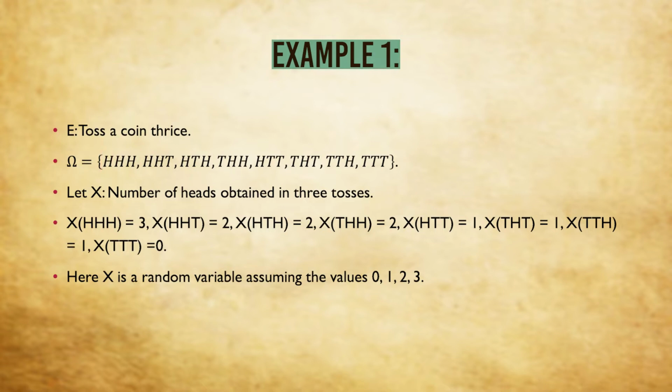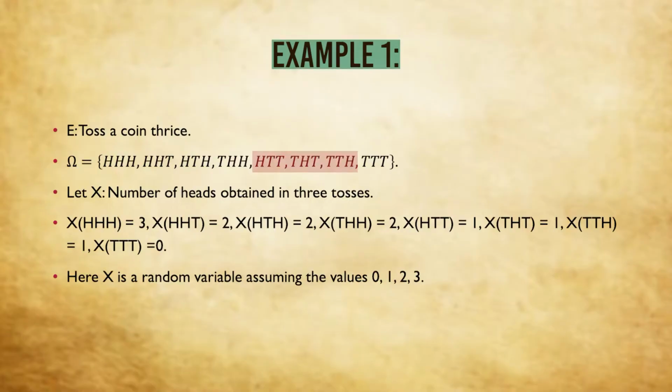So how many outcomes are possible with these 2 heads? HHT, HTH and THH. Next possible number of heads is 1. With 1 head, what are the possible outcomes? HTT, THT and TTH. And finally, we may not have any head at all, so TTT.